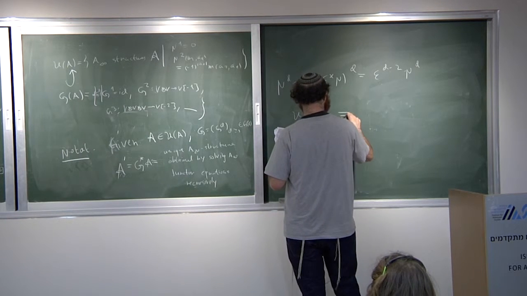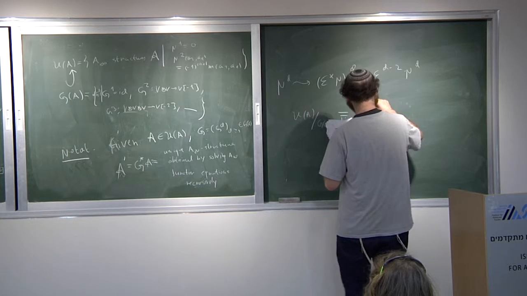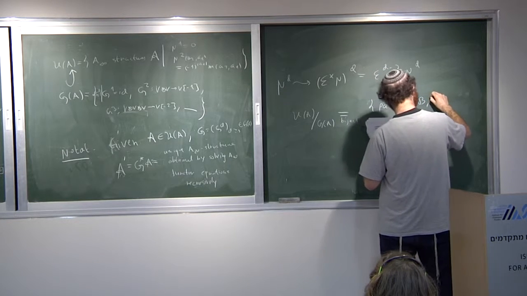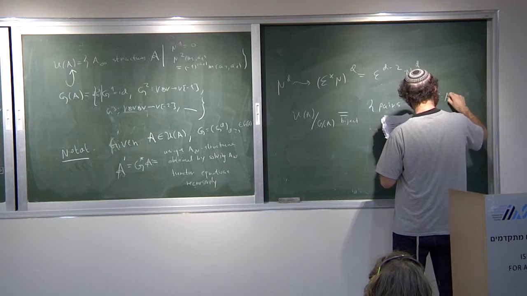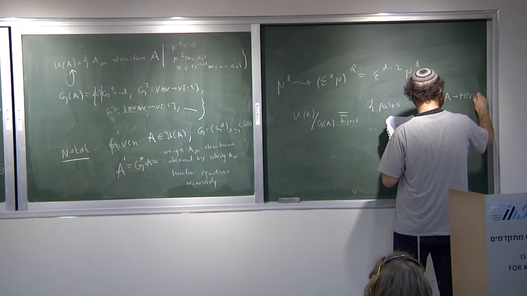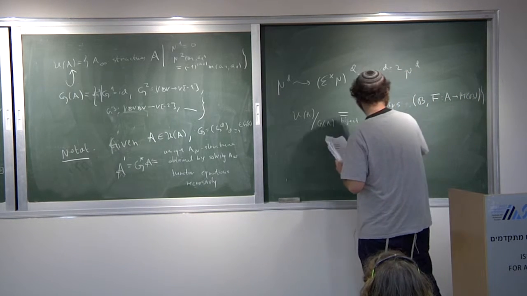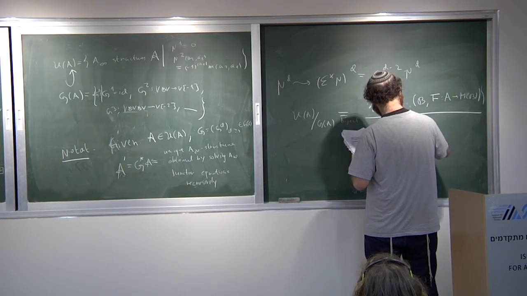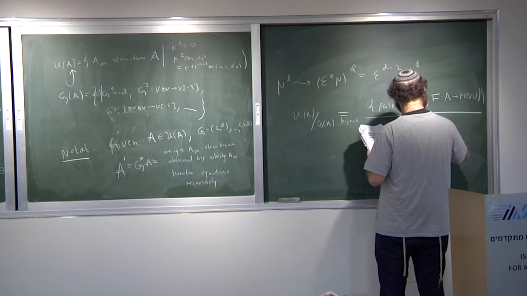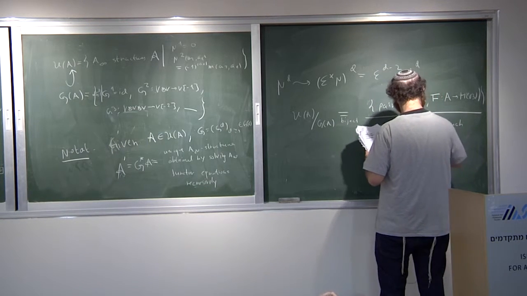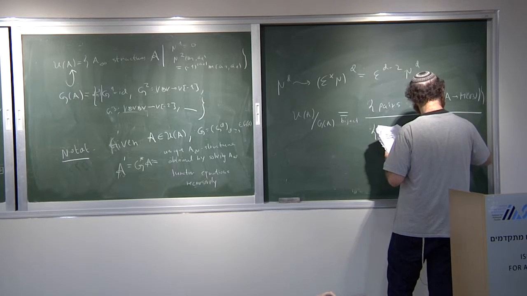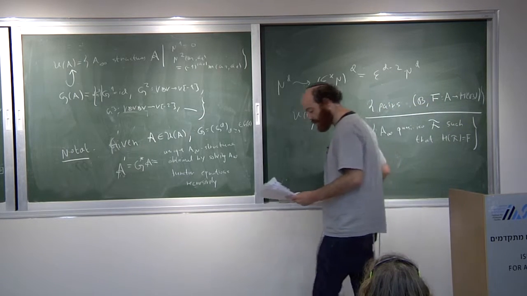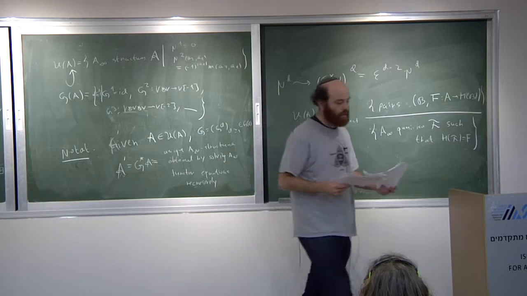This is in bijection to pairs B, F from A to H of B, while you quotient out by infinity quasi-isomorphism F tilde such that H of F curly equals F. This is by the homological perturbation lemma that we've seen.